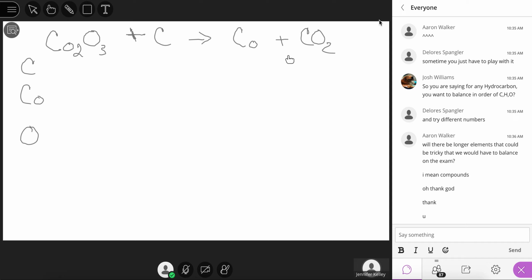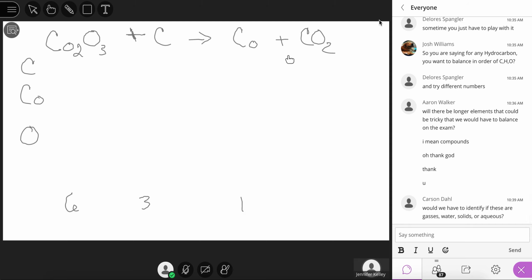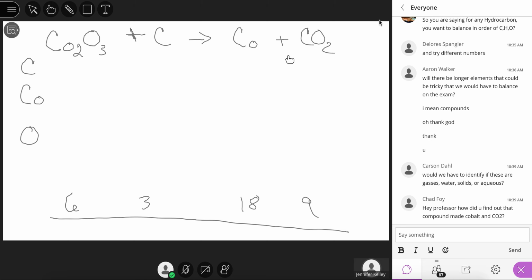If in the end you end up with coefficients that can all be divided by something, like let's say you have a 6, a 3, an 18, and a 9, then you know that you've gone a little too far, so you would just divide all of these. They're all divisible by 3, so you divide them all by 3, and then you get the correct ones.